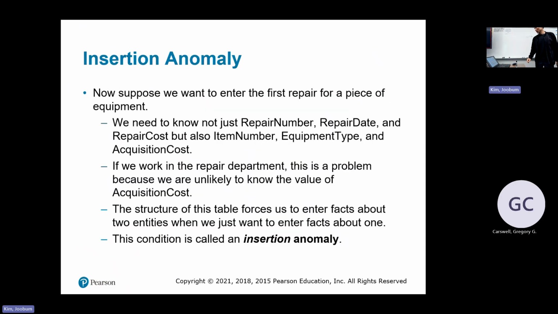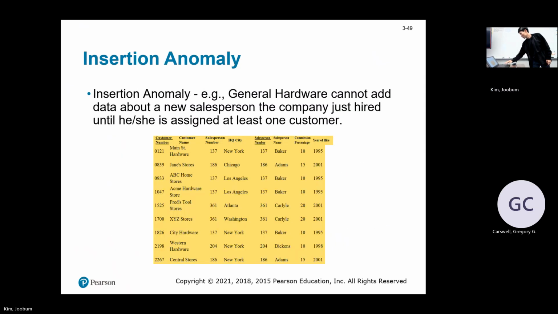And the insertion anomaly. Look at this one. A new salesperson, Third, is hired, and a salesman number is assigned. Commission percentage 12, year of hire 2025. I'd like to insert Third into the database table, but we cannot. Why?